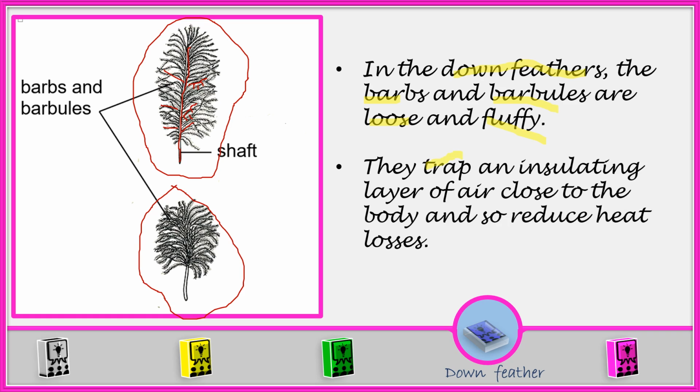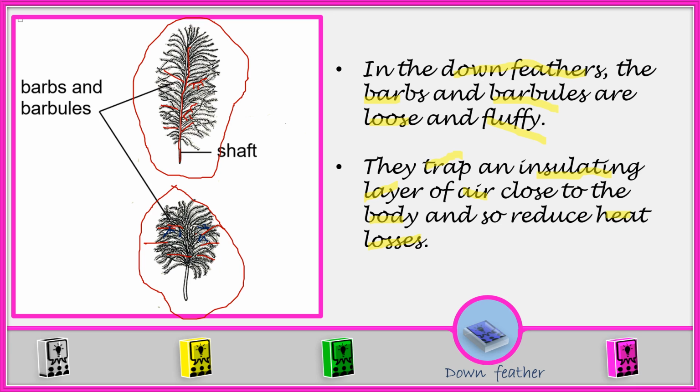They trap an insulating layer of air close to the body and so reduce heat loss. So these barbs and the barbules are fluffy and loose. The reason why they are loose is that looseness allows them to trap air in between them.